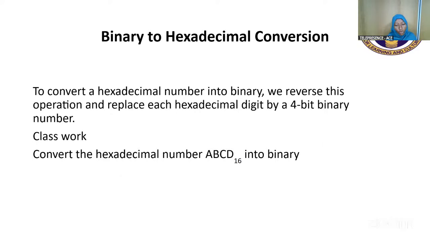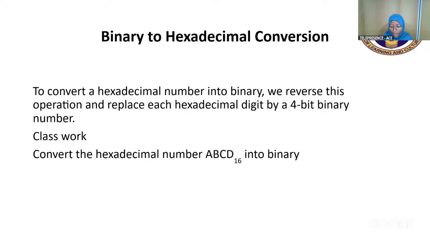To convert back to binary, we reverse this operation. Whenever you see A, remember A represents 10 in hexadecimal. So you convert 10 to binary.